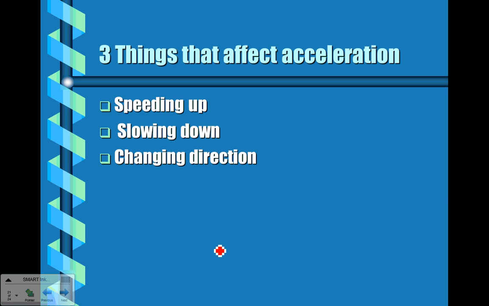So the brake pedal is an acceleration in the opposite direction that you're moving. Generally, that's going to refer to a negative direction. And then turning the steering wheel is actually an acceleration, because remember, velocity and acceleration are vectors. So if you change your direction, you are accelerating.